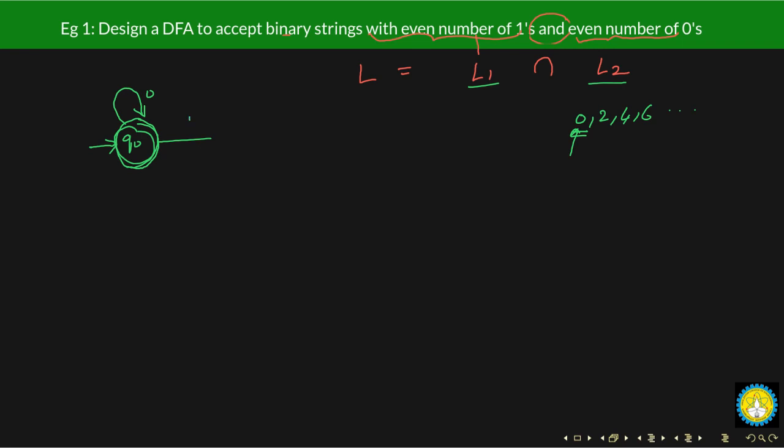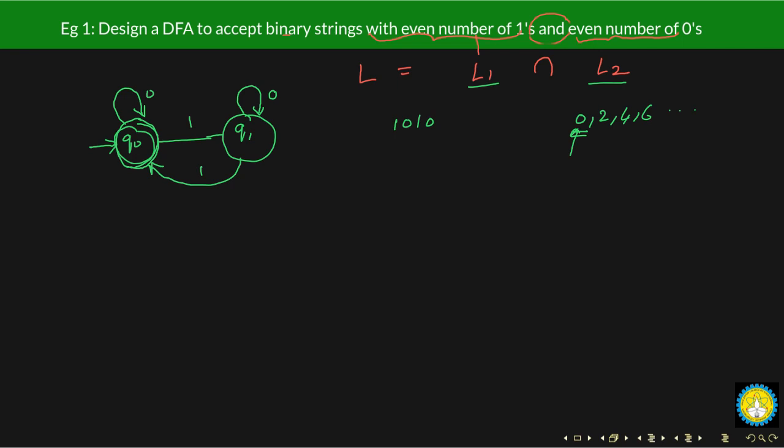So when you see the 1, you are making a move to Q1, and Q1 is not going to be your final state. From here, if you see a 0, again you are going to be staying in Q1 itself. Now, if you see a 1 from Q1, you'll get back to Q0, which is a final state. So now we can verify this with a string like 1 0 1 0, which contains 2 ones.